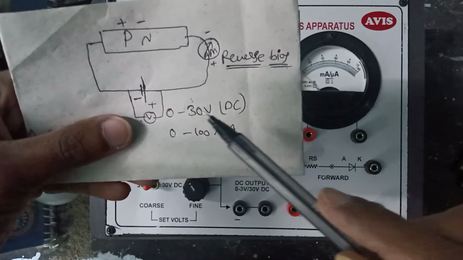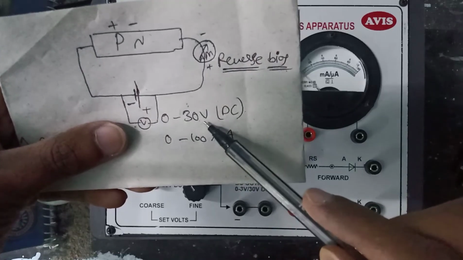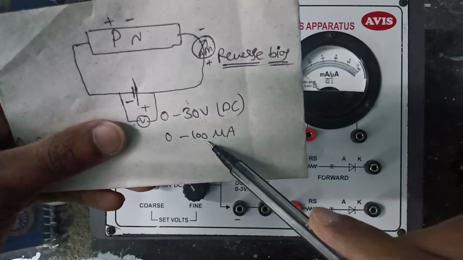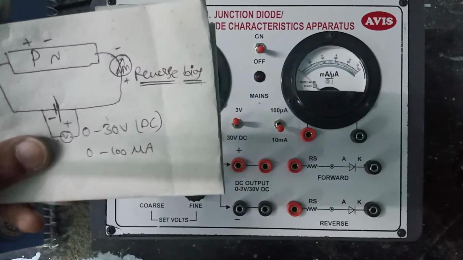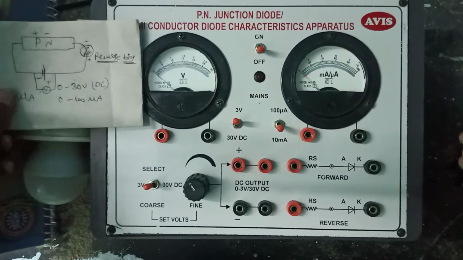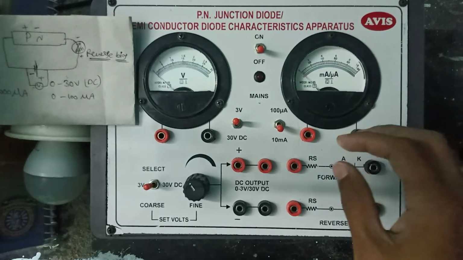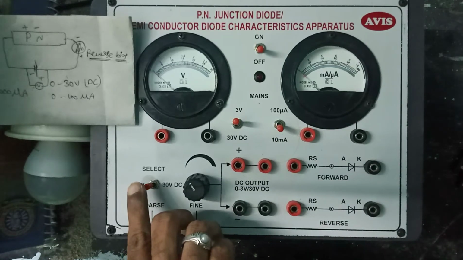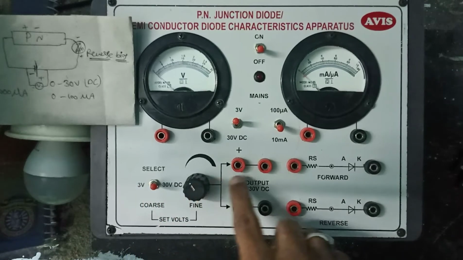As we have discussed, we send up to 30 volts DC power supply, and we observe only 0 to 100 microamperes of current. So we have to do a few arrangements. Here we have to send a 30 volts DC power supply. So by using this toggle button, we keep the 30 volts DC power supply.